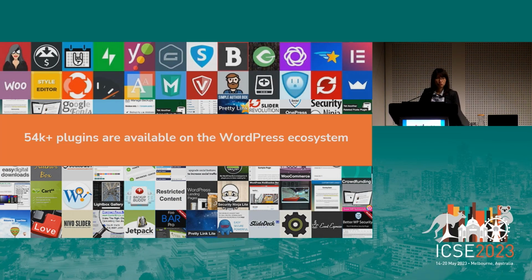And because of such system architecture, there are more than 54,000 plugins available in the WordPress ecosystem, which gives users a wide variety of features to build their own websites.